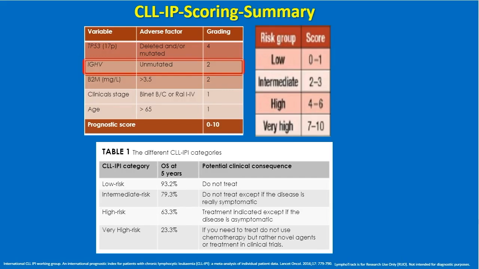Normally low risk patients don't need any treatment, and the intermediate group also doesn't unless the disease is really symptomatic. They put together clinical features and other factors to decide what level of treatment is required. So as you can see, after TP53 mutation status, IGHV mutation status is the second most important factor.